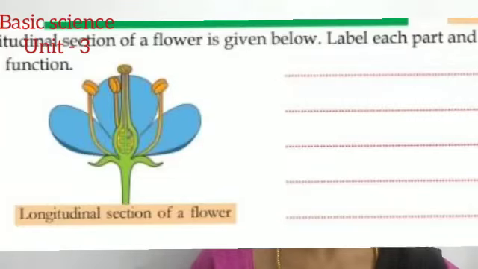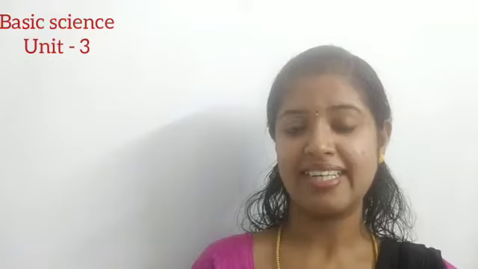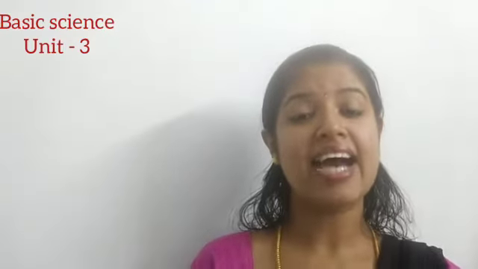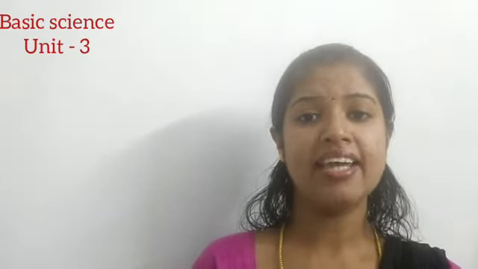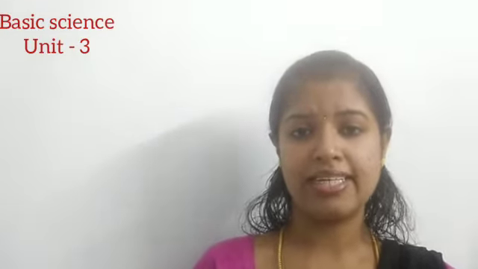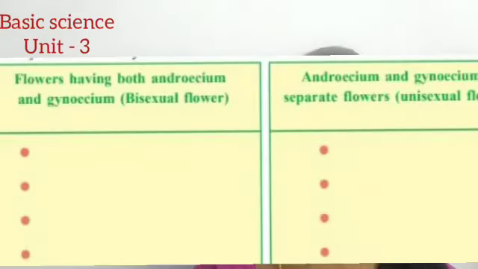You have to label the parts of the flower from the textbook itself. Clear? Yes. And there is another activity, that is, you can see two columns. You have to write the examples of unisexual flowers and you have to write the examples of bisexual flowers. So what are unisexual flowers?